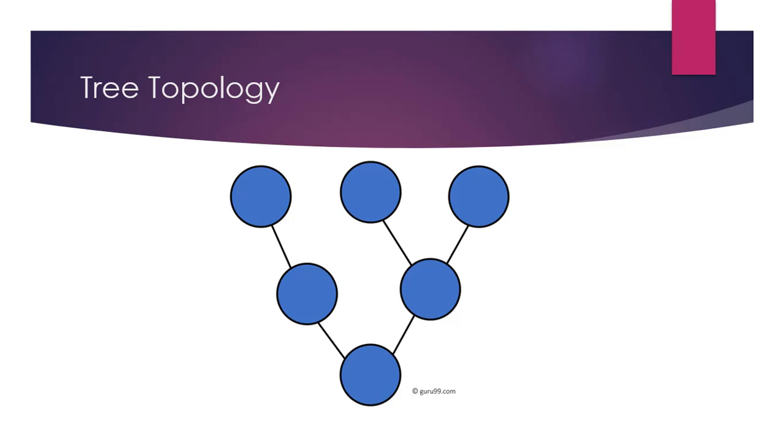And if it is expanded to a city or a big city, then it is said to be a MAN. And if it connects two different cities or two very distinct geographical regions, then this is called a wide area network or a WAN.